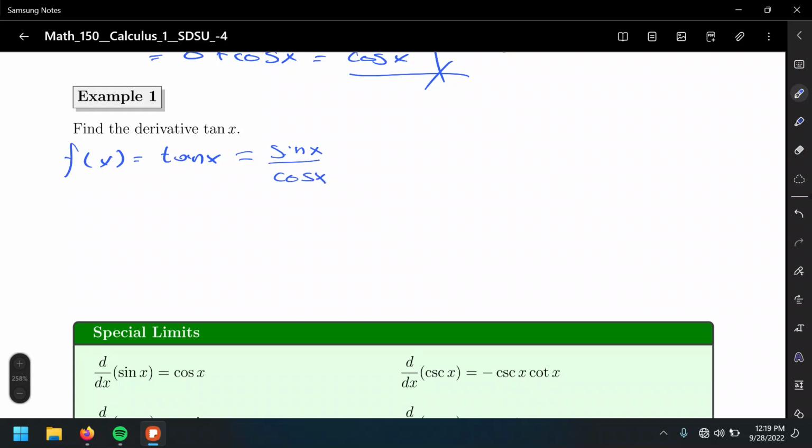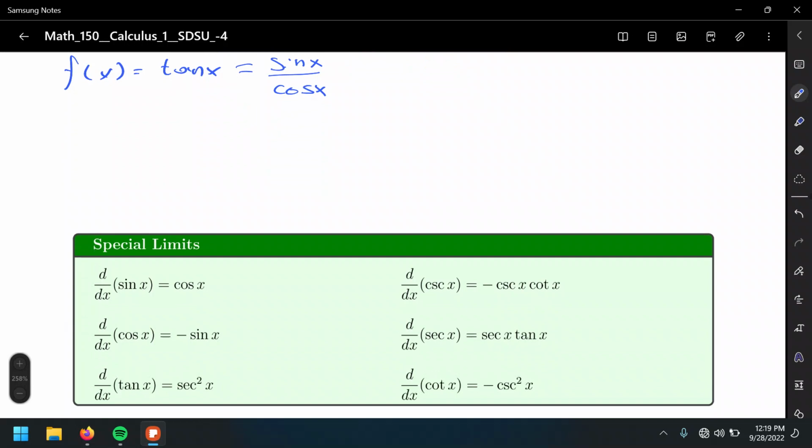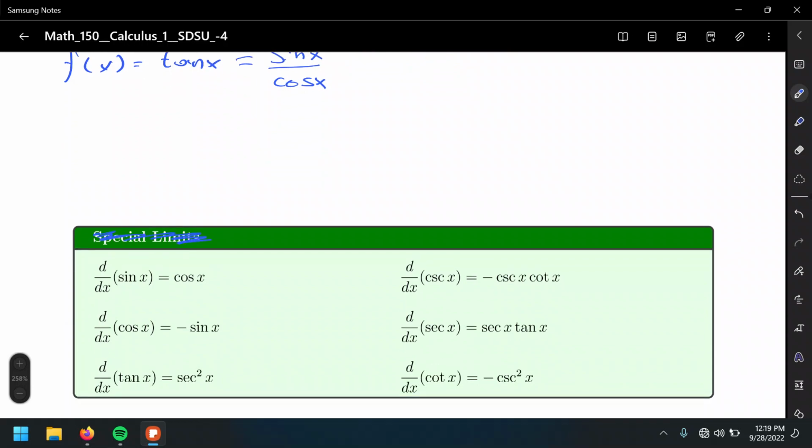Well, what do we need to find a formula for the derivative of tangent? We need the derivatives that we got. Actually, these are not special limits. These are just the derivatives. So this is the summary of the derivatives of all six trigonometric functions.